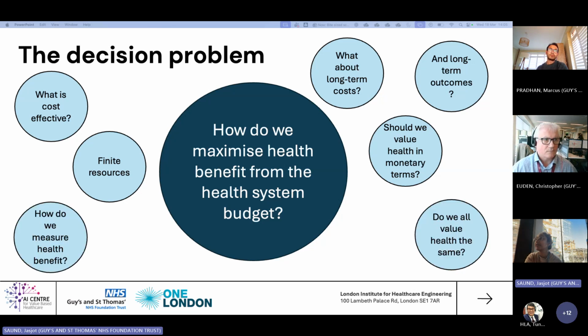How do we measure health benefit? And do we all value health the same? One person's hip fracture reduction might be more important or more valuable to them than another person's treatment for chronic kidney disease. So it's very person dependent, but how do we maximize this on a population scale?